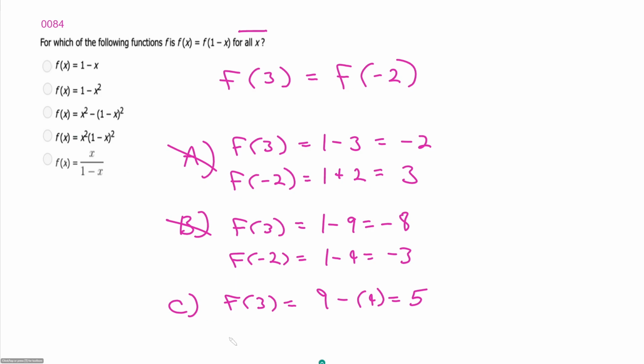And then f of negative 2 is equal to negative 2 squared, which is 4, minus 1 minus negative 2, which is the same as 1 plus 2, so that's 3, squared. So that's 4 minus 9, which is equal to negative 5. And so 5 is not equal to negative 5, although we are close here.